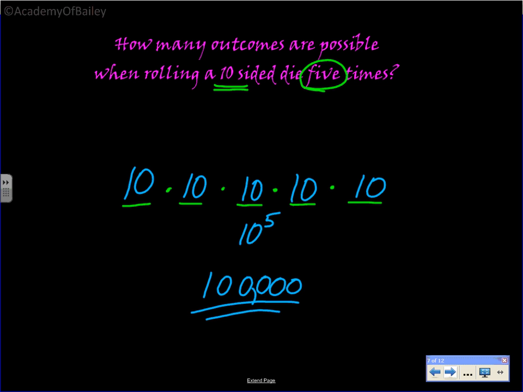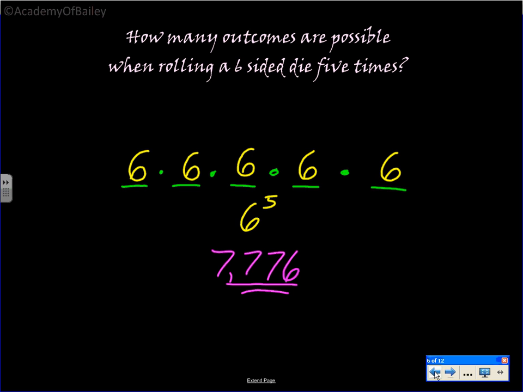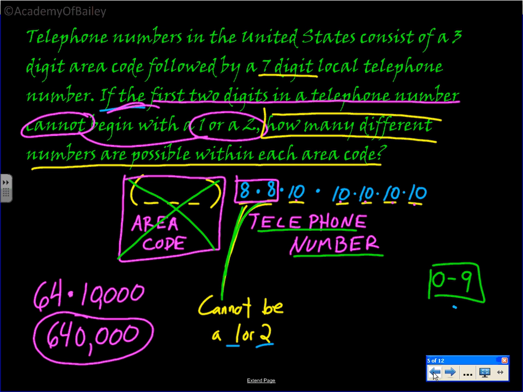And let's move on. Actually, I want to move back. Just a quick heads up. This is back on this example here. 10 times 10 times 10 times 10 times 10 is not 10,000.